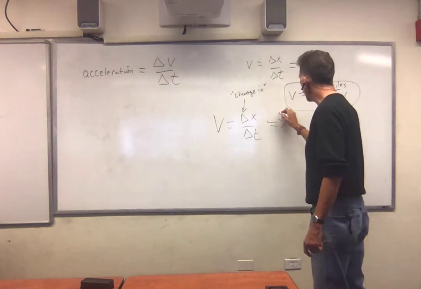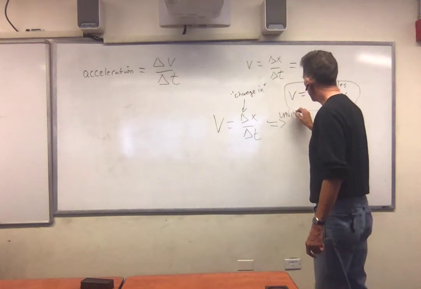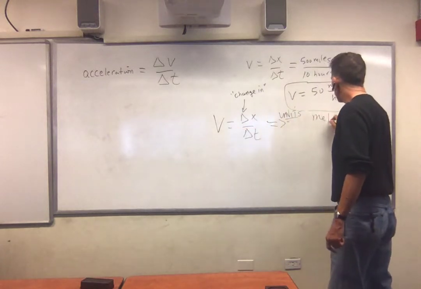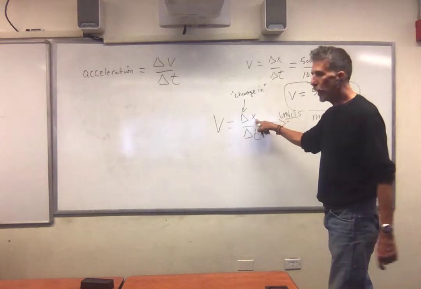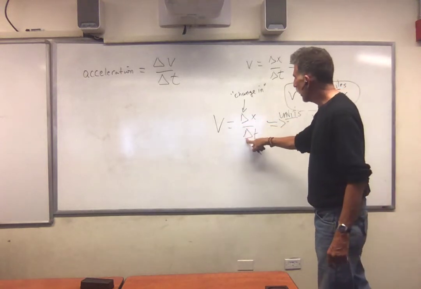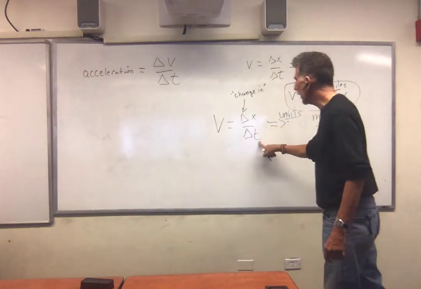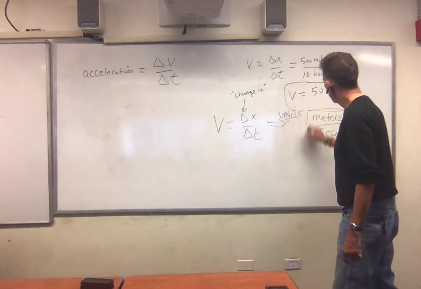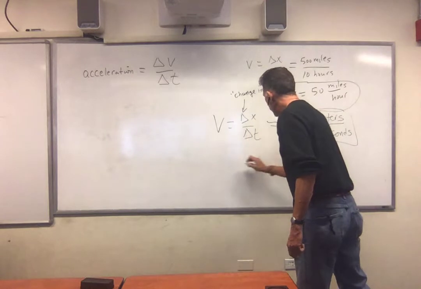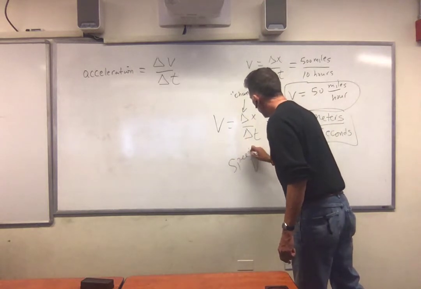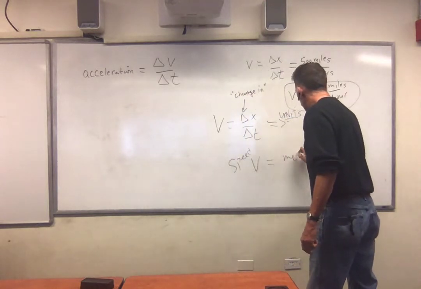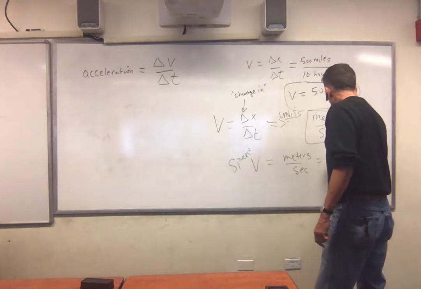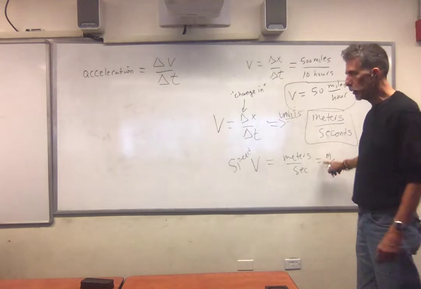So if I look at the units of speed, it's going to be meters. That's the x. Remember, delta has no units. Divided by delta, no units. t, we're going to use seconds. So the speed is going to have units of meters per second. We write that as m over s. m is not mass. It's meters per second.